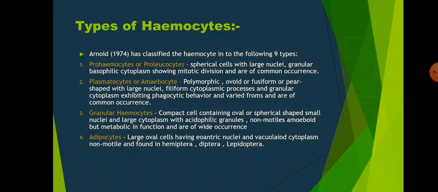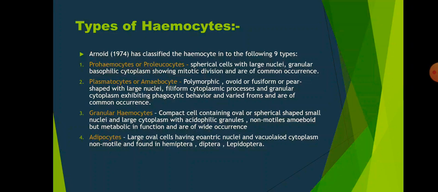Arnold, 1974, has classified the hemocytes into the following 9 types. First, prohemocytes or proleukocytes: peripheral cells with large nuclei and granular basophilic cytoplasm, showing mitotic division, and are of common occurrence.